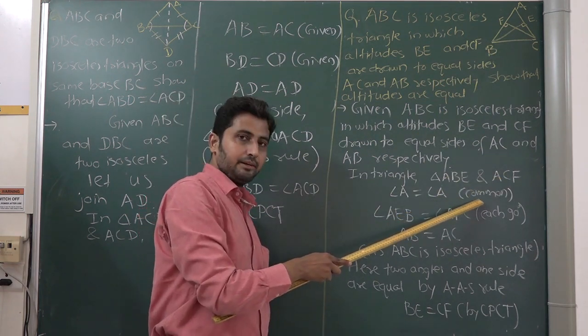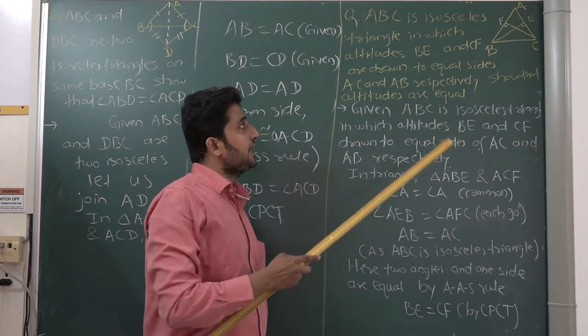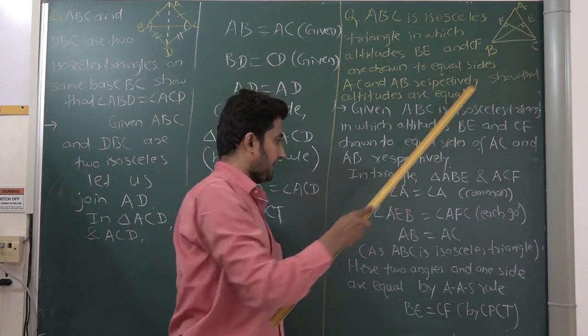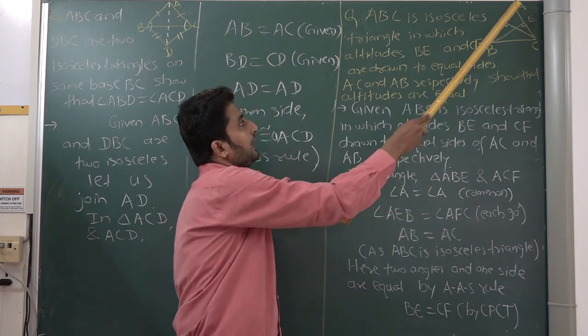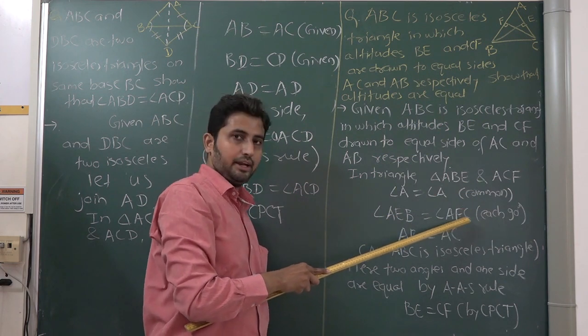One point is cleared here. Next, angle AEB. Now where is AEB? AEB is equal to angle AFC. Angle AFC.